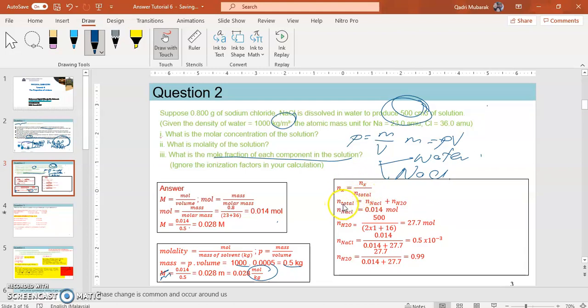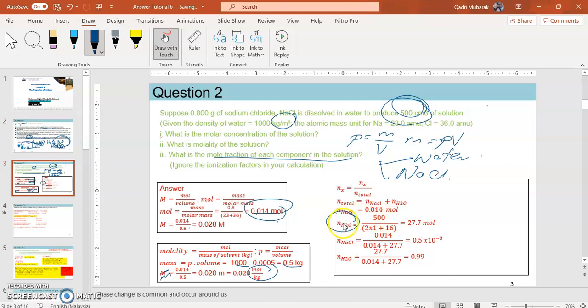So we know that N total, or the total mole, is equal to the mole of sodium chloride plus the mole of H2O or water. For sodium chloride, we already calculated it from our previous question, which is this one. So no need to click back. But we need to determine the mole of water.